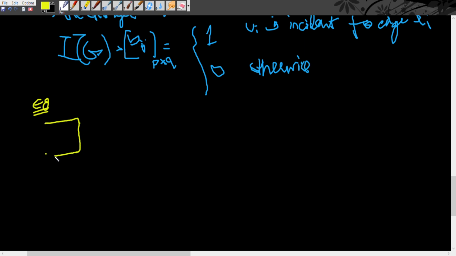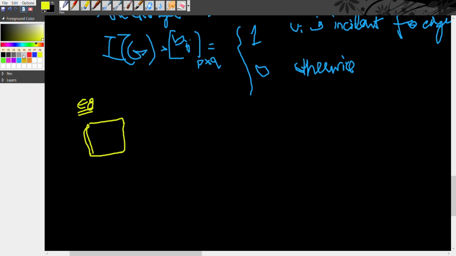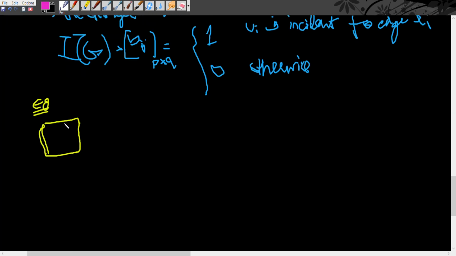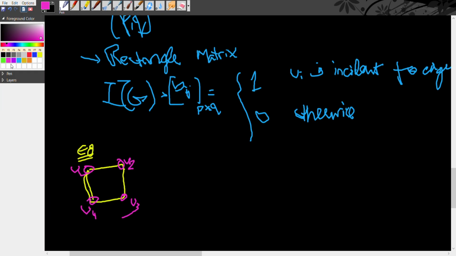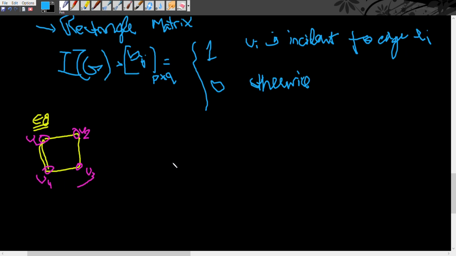You have this graph and you have your 4 edges and your 4 vertices. Say this is U1, U2, U3 and U4. So let us first write down the adjacency matrix for this. Let's say that this is a graph G.